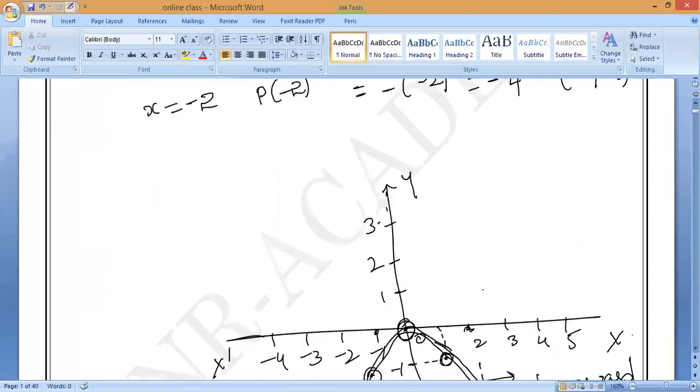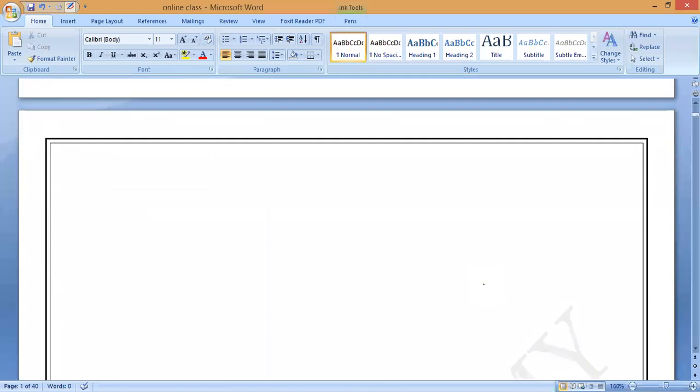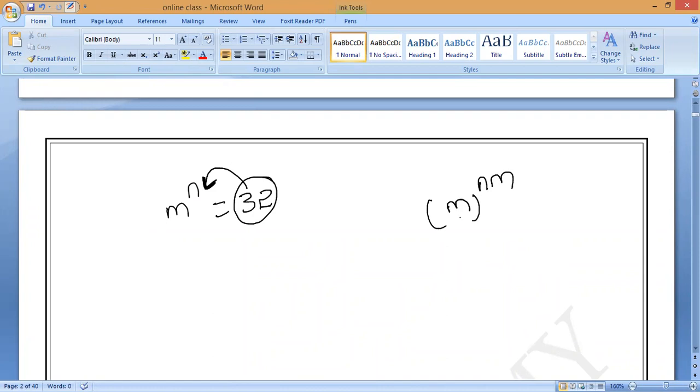What is the given value? m power n is equal to 32. 32 is in the form of m power n. We have to find the value of n power m n.